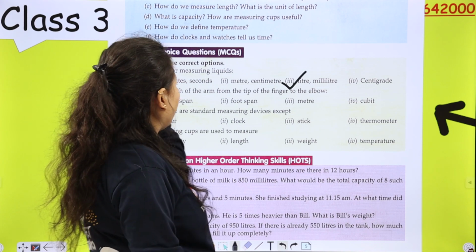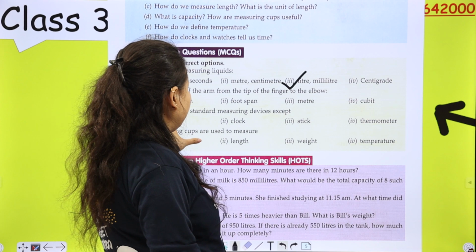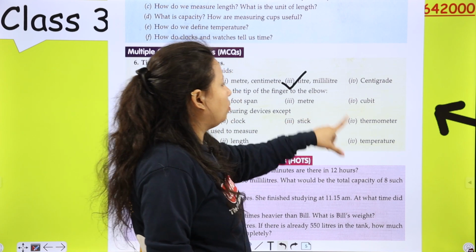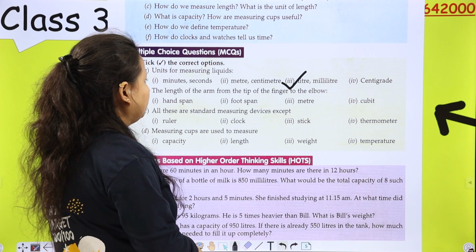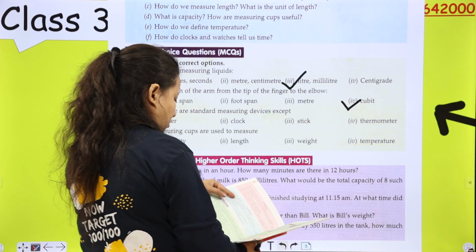The length of the arm from the tip of the finger to the elbow: hand span, foot span, meter or cubit? So the answer is cubit.